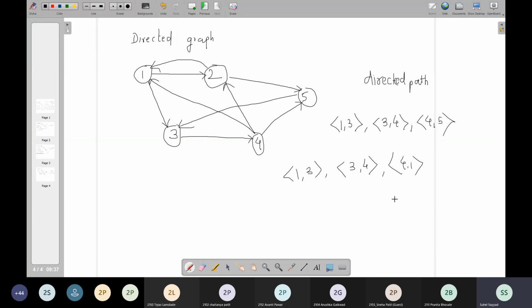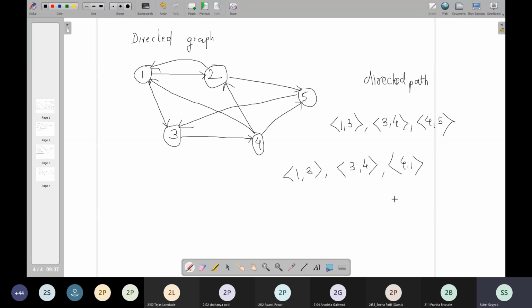So in this example, (1,3) is a directed edge from 1 to 3. The next edge is (3,4). So wherever my first edge is ending on 3, there my next edge is starting, that is (3,4). After that, I have another edge, (4,1). My earlier edge was ending on 4, and my next edge starts from 4 and goes till 1.